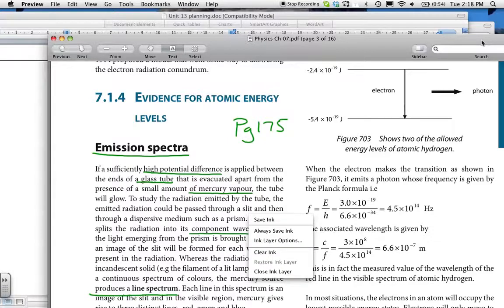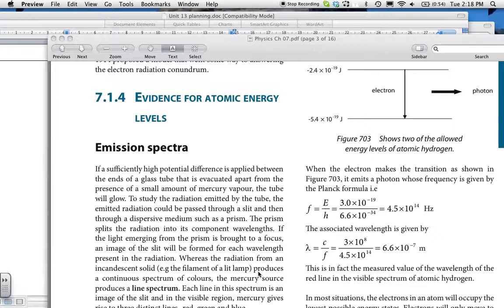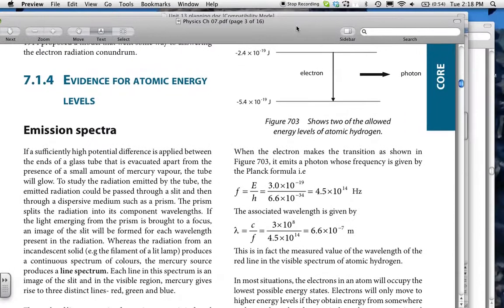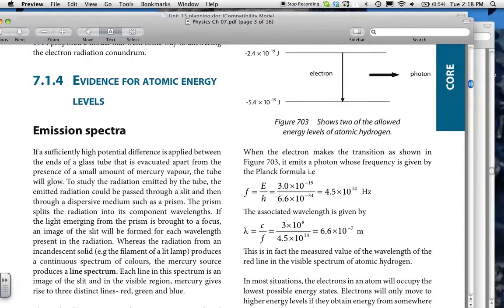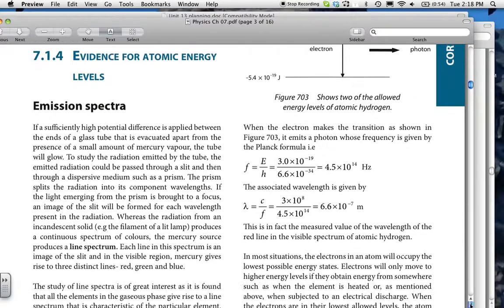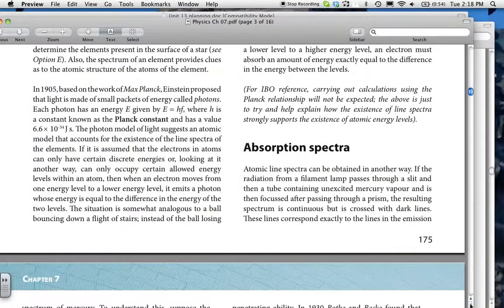If we go further down the page, at the bottom you will see absorption spectra. Here you get a filament lamp, which produces a whole range of light.